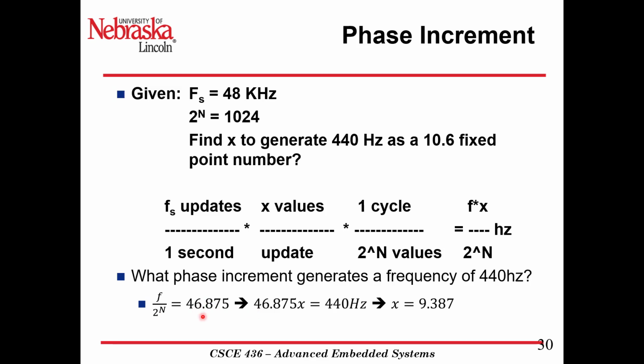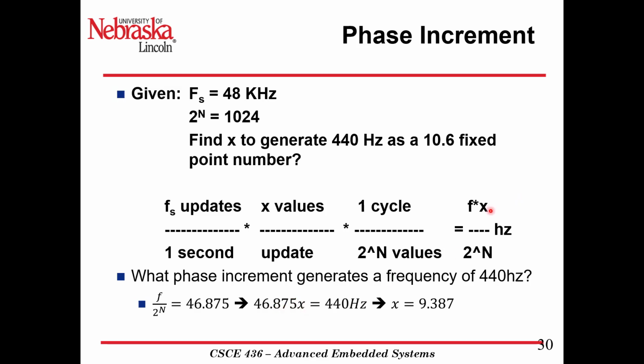46.875. This is a number we're going to use quite often, and it's not really going to change. So, 46.875, we multiply that by our X value. So we have 48 kilohertz, and we're basically just multiplying this and this section together, and then we have values per update left over to give us our result in frequency.